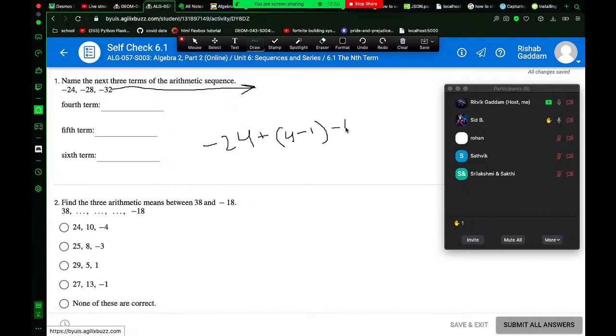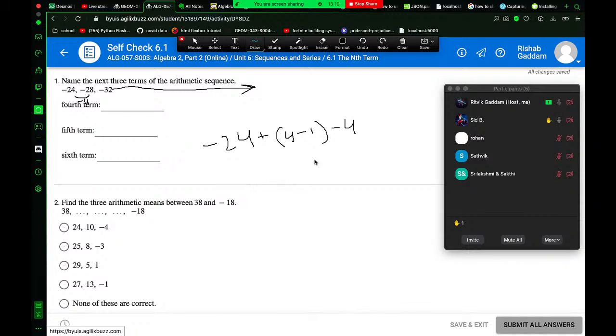Since we're going to find the fourth term first, that'd be 4 minus 1, and then you multiply by the common difference. The common difference is 4. It's actually -4 because you're going down 4 every time instead of up 4. Oh, yeah.